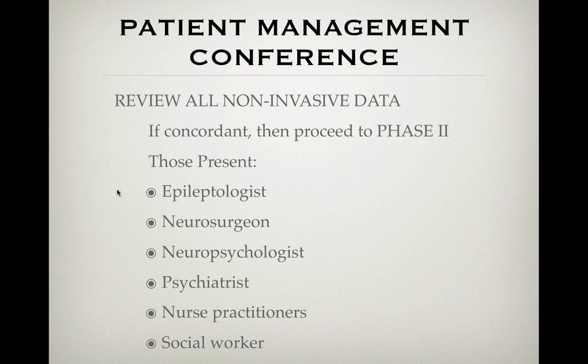These people are all working behind the scenes. Patients don't often realize in a surgical evaluation they might see their epileptologist several times, meet a neurosurgeon once or twice, but a lot of these people are working behind the scenes, looking at very, very detailed information.